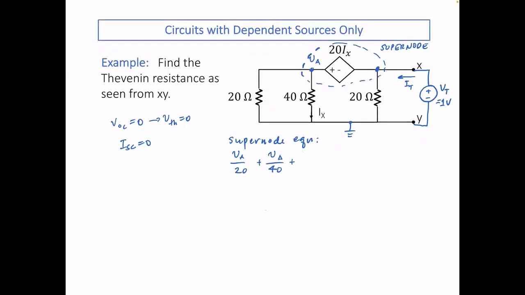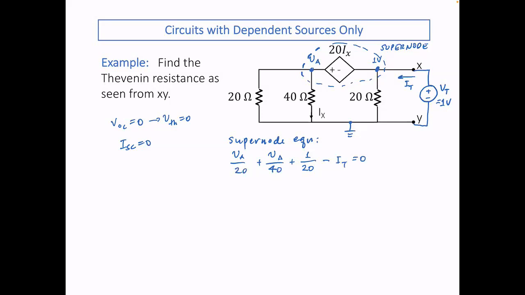So this is 1 volt, 1 over 20. Minus, well, I don't know the current being supplied by this. But that's actually what I want to find out. Yun yung hinahanap ko. So let me make that a variable. The current I assume to be entering, so that's minus IT is equal to 0. So that's my one equation.